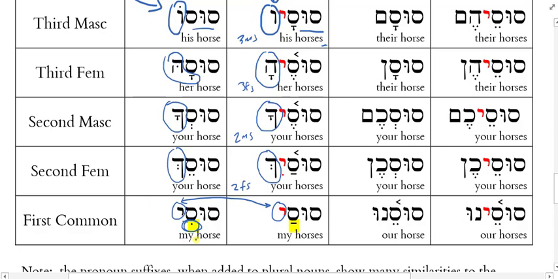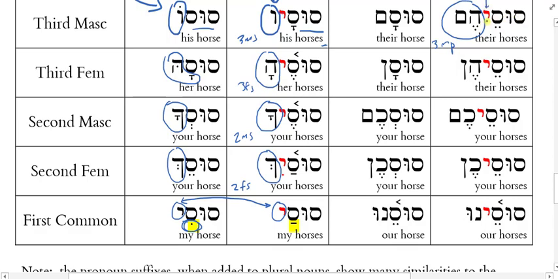All right? Now let's look at the plural pronouns. Okay, so the possessors here are plural, but on the left side, they're possessing a singular noun, and on the right side, they're possessing a plural noun. Notice that we have the hem ending here for their horses. Third masculine plural, they, and they own a multiple set of horses.